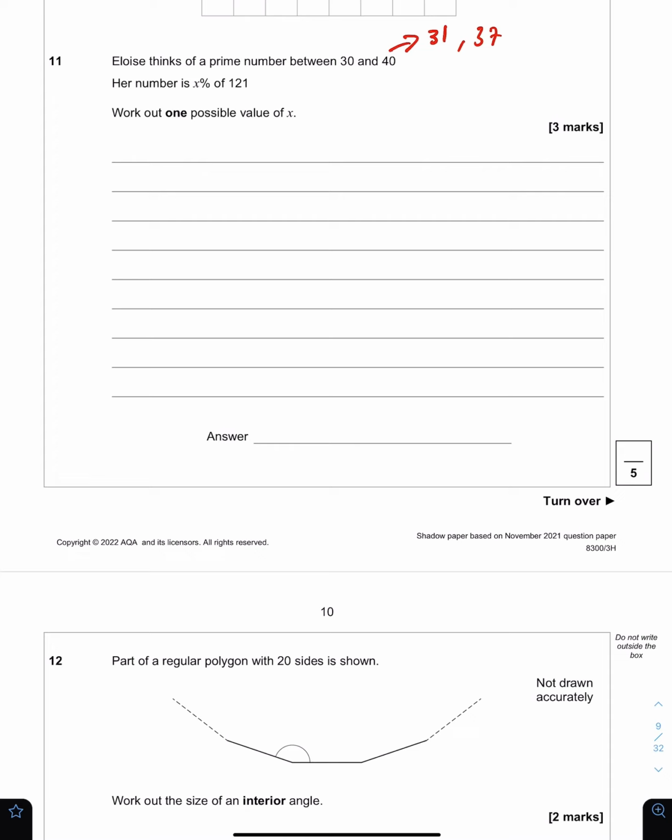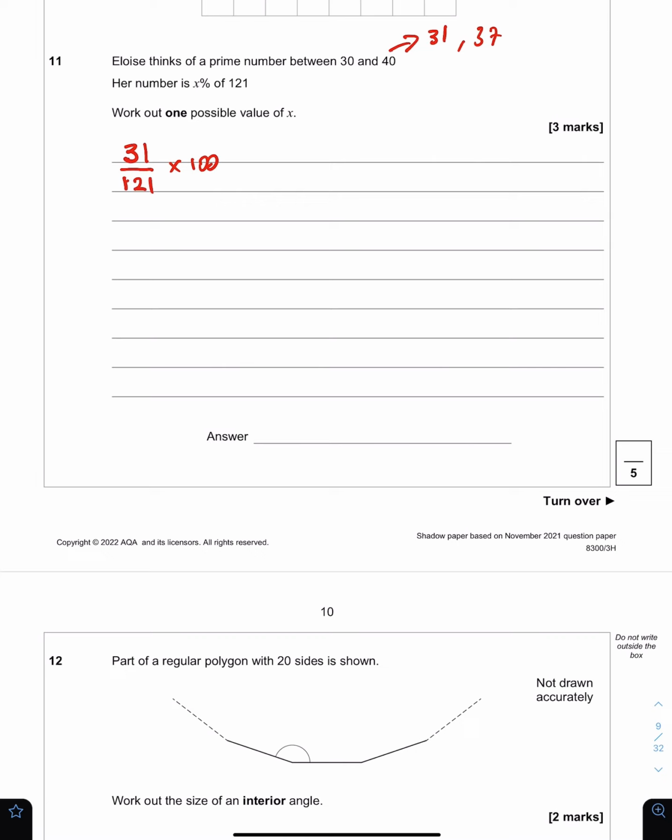And the number is X% of 121. Okay, so if it were 31, we can do 31 divided by 121, and then times that answer by 100. That would be pretty much all that has to be done.